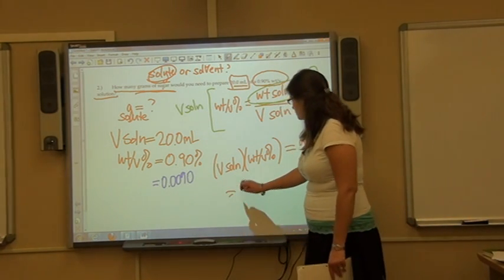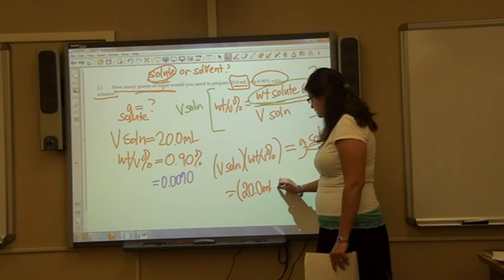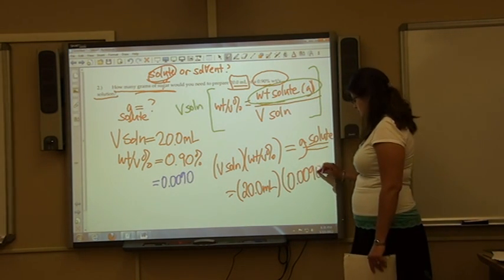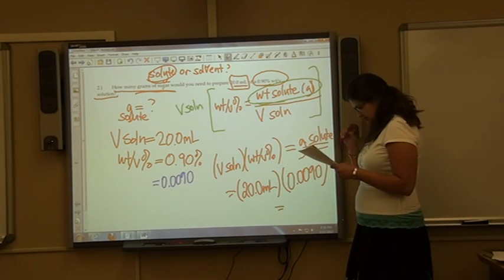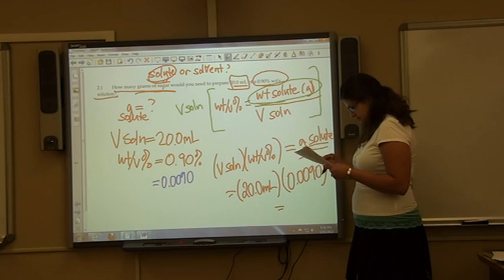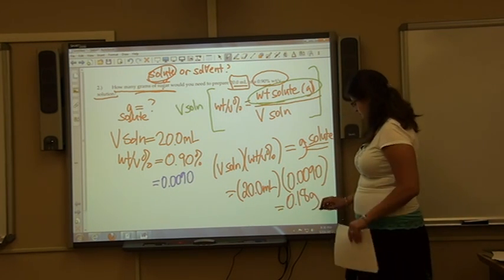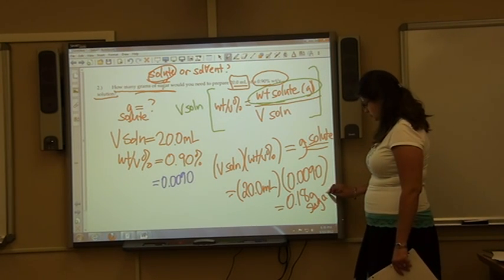So that equals the volume, which was 20.0 milliliters, times that percent. And you should get an answer of 0.18 grams of sugar.